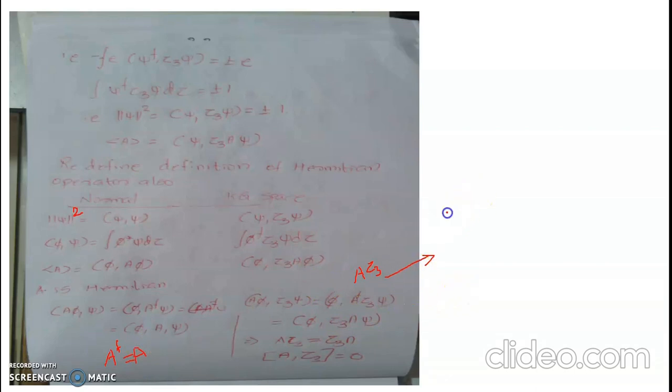And this definition is: I must have the facility to write A dagger tau 3, that is A tau 3, as equal to tau 3 A. Once I can write this, it means that A tau 3 equals tau 3 A, A and tau 3 are commuting, or the commutator of A and tau 3 equals 0. Then this will be the modified definition for a Hermitian operator in the Klein-Gordon space.